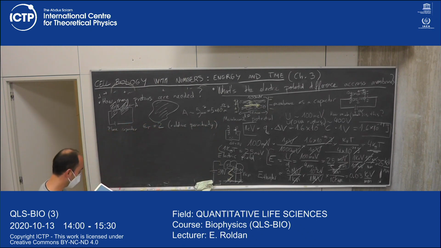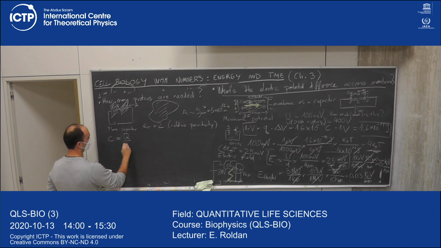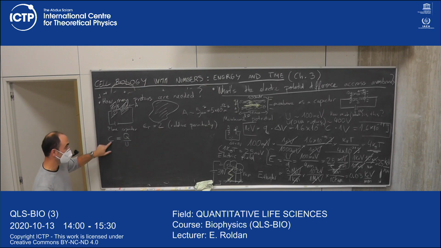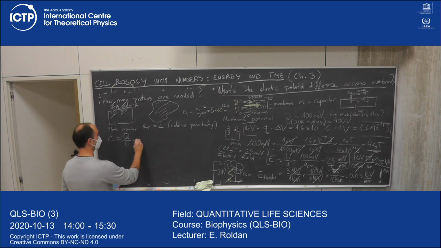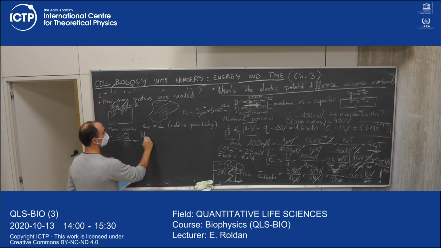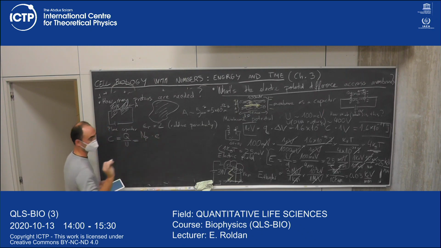So the main formulas you need to solve this problem are the following. First, you need to know that the capacitance is the charge divided by the electrostatic energy. We know this from there, 100 millielectron volts. And this Q will be the number of protons times the electric charge.